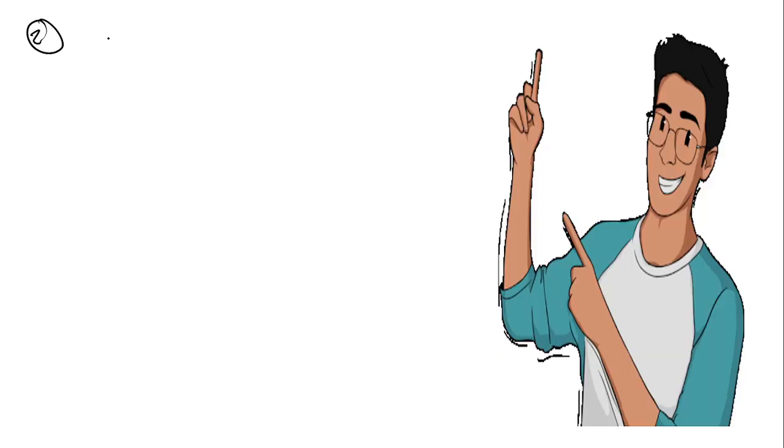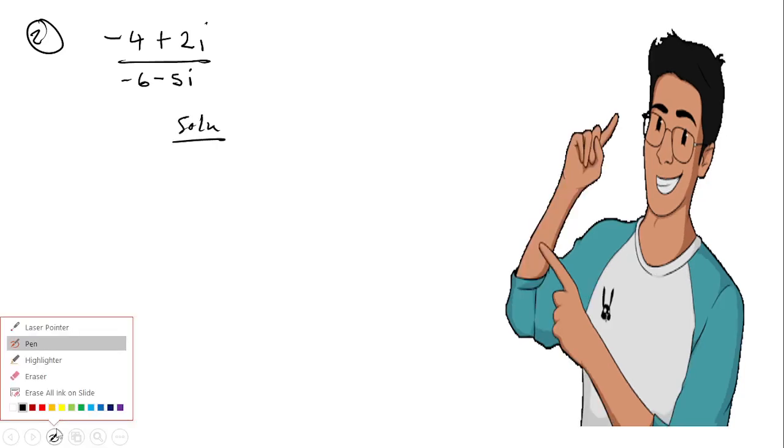So this one is negative 4 plus 2i over negative 6 minus 5i. Okay, so we have this as our question and we can easily work it out. What we are going to do at this particular point is write the same question the way it is: negative 4 plus 2i over negative 6 minus 5i.